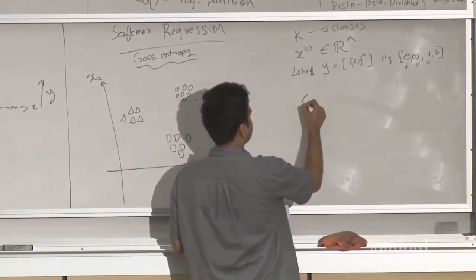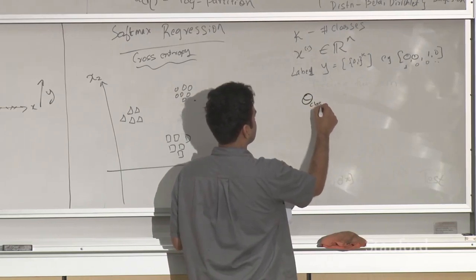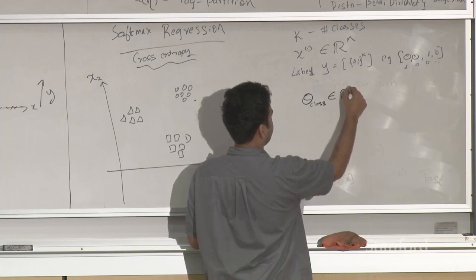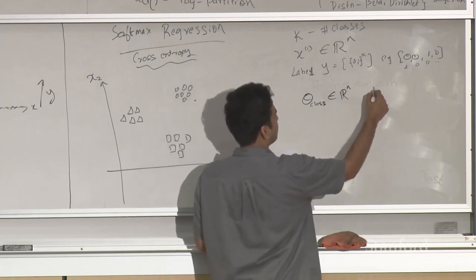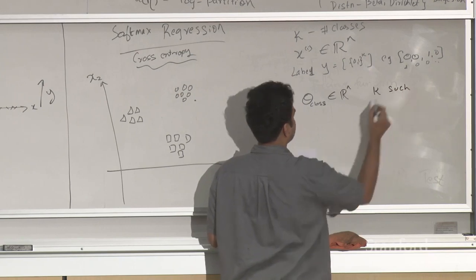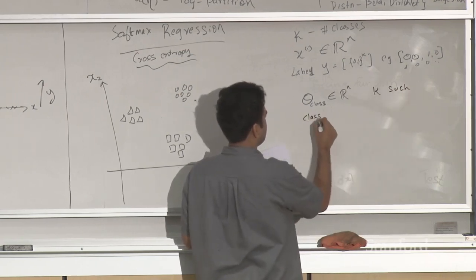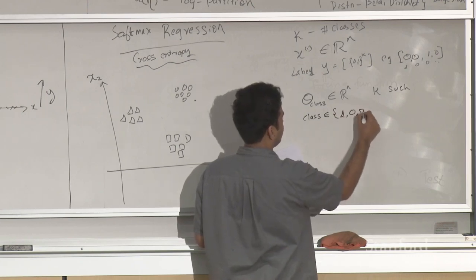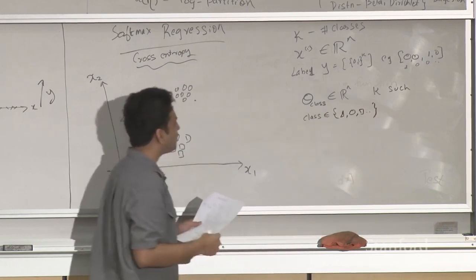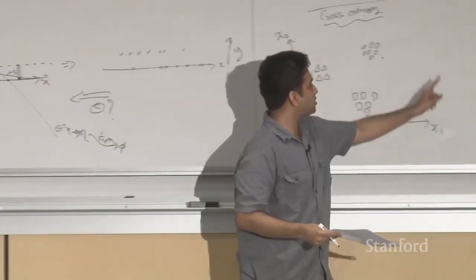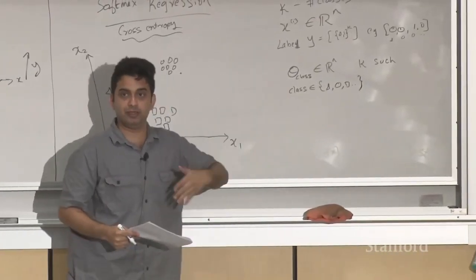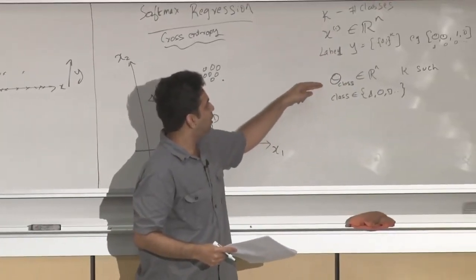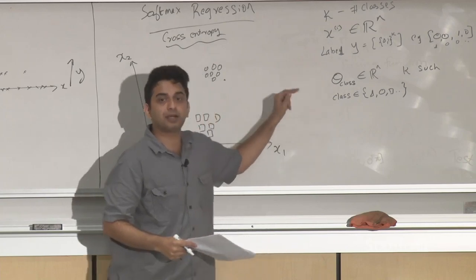So we have theta class in Rn, and there are k such things, where class is triangle, circle, square, etc. In logistic regression, we had just one theta, which would do a binary, yes versus no. In softmax, we have one such vector of theta per class.